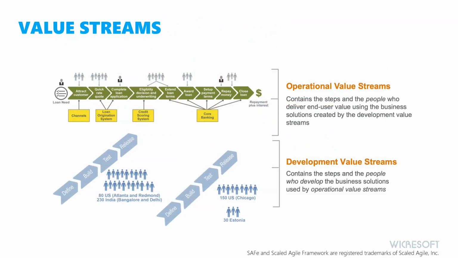Value streams, I mentioned this earlier, and if you're not familiar with this term, a value stream is again very customer centric thinking, and it's all about defining the flow of value as it helps the customer and also helps the business in delivering that value.